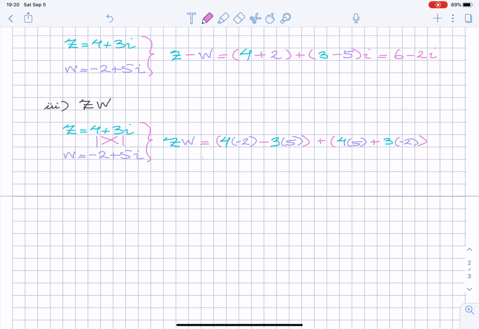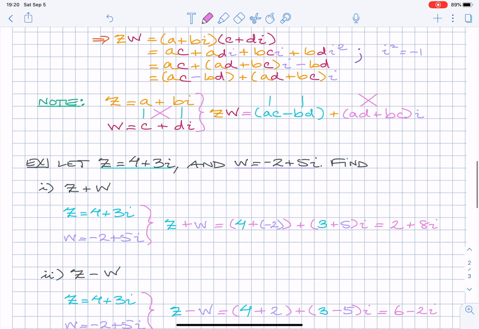Okay, so what do we get here? We get negative 8 minus 15, to which we're adding 20 minus 6 times i, rather. Okay, now let's make sure we did that right.